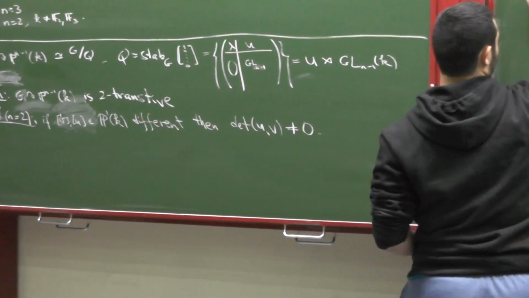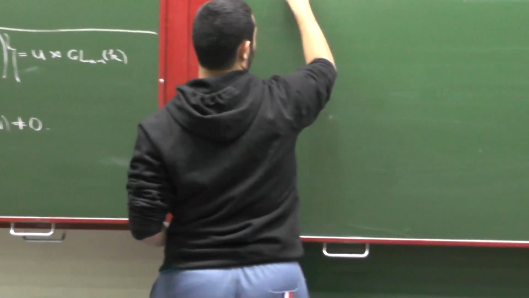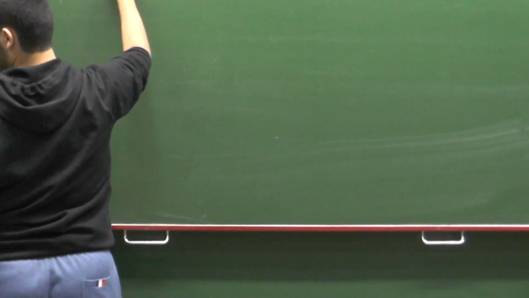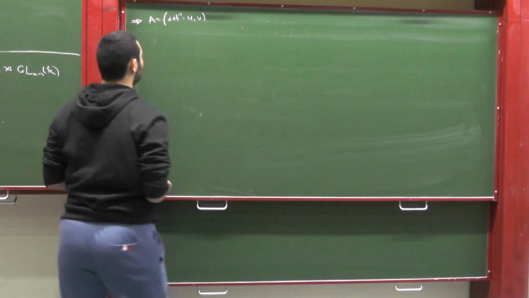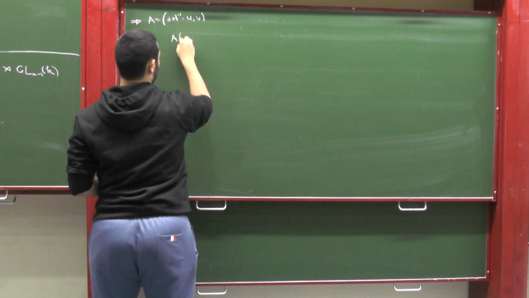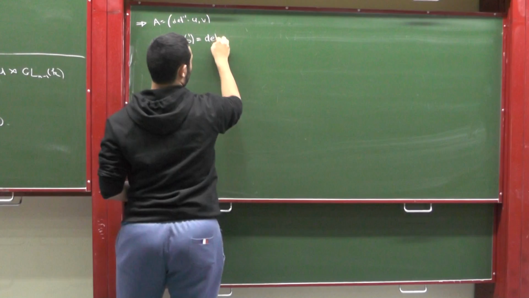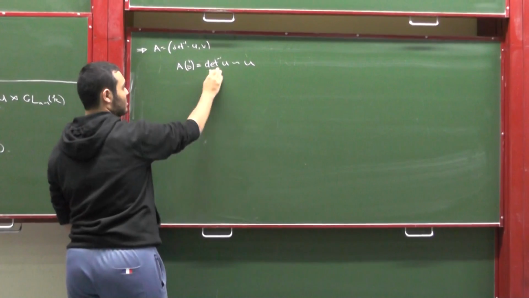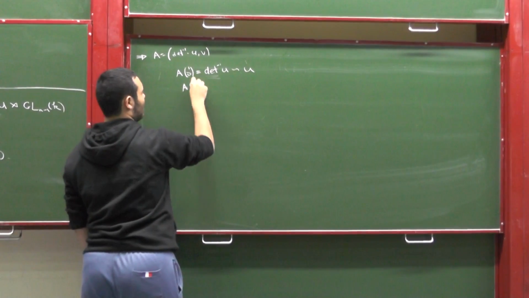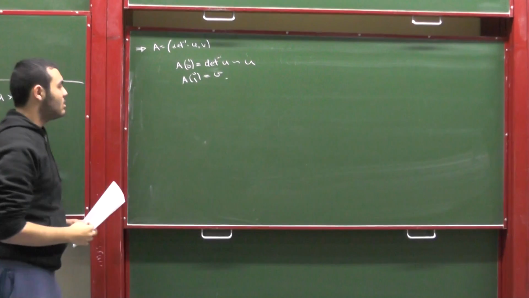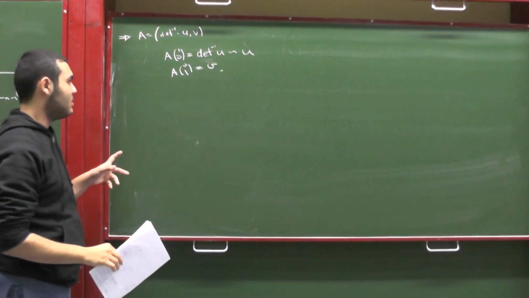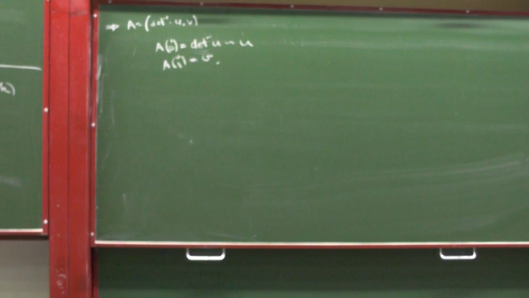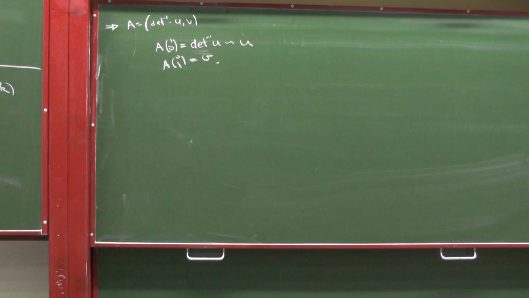So if I now look at the matrix A, whose rows are the inverse determinant times U and V, then A takes (1,0) to U, which is the same as U up to a scalar, and it takes (0,1) to V. So we took a general pair of different points in the space, and we managed to find the map from our specific pair to this pair, which implies the transitivity.